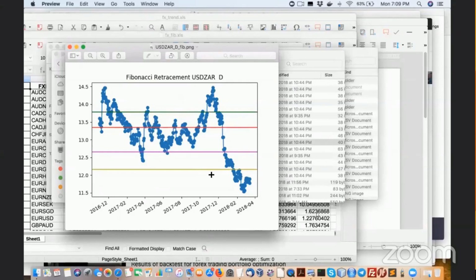So you can see here the US dollar and the South African rand. If you were to buy at this point, you want to get into the trade where the box is, in these two levels right here. But because it's below here, this could be a good opportunity because it's undervalued.